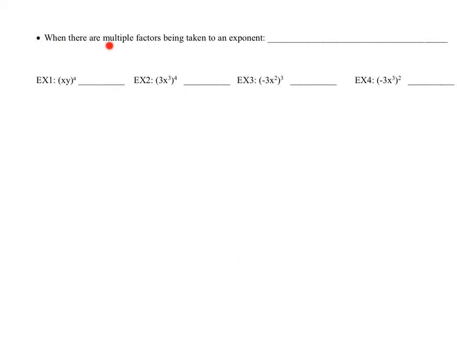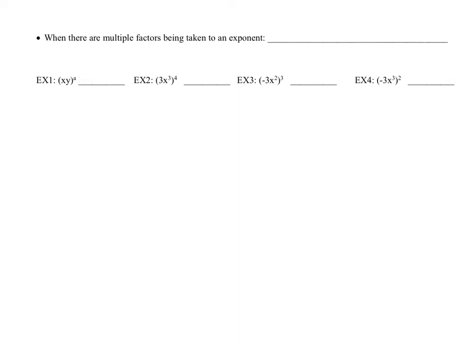Okay, so when there are multiple factors being taken to an exponent, like there's 2 things being multiplied together that's also being taken to an exponent, the rule here is kind of like the distributive property, but we don't call it the distributive property. You bring the outside exponent to all of the exponents on all of the factors on the inside.